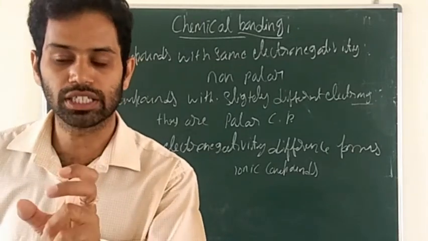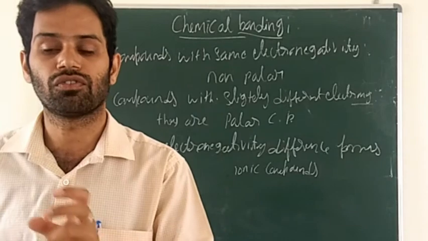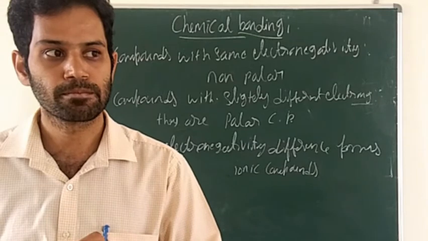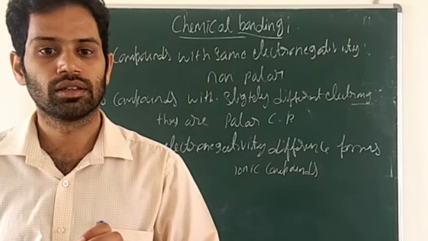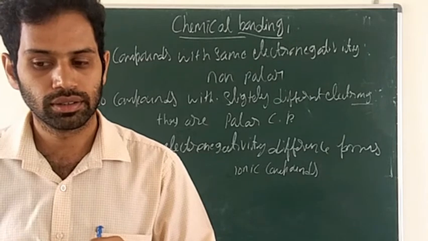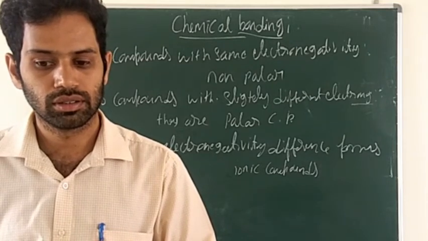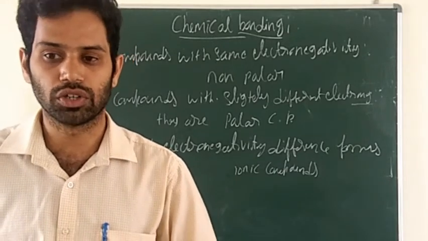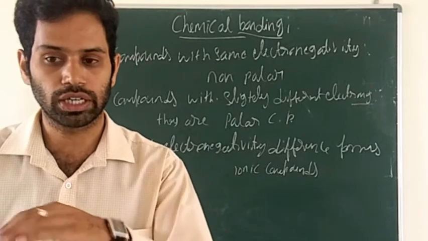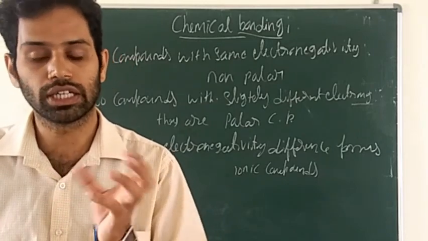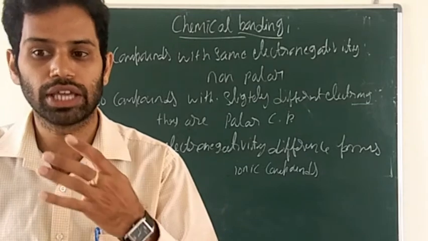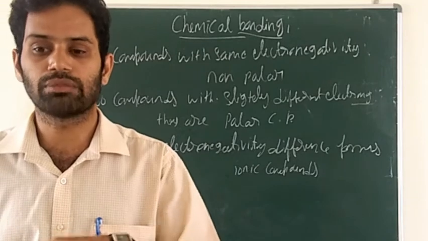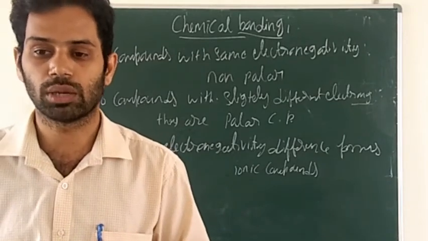If the electronegativity difference is more between the two atoms, which type of bond will they form? Yes, ionic bond. If the difference is zero or negligible, they form covalent compounds. So keep it in mind.